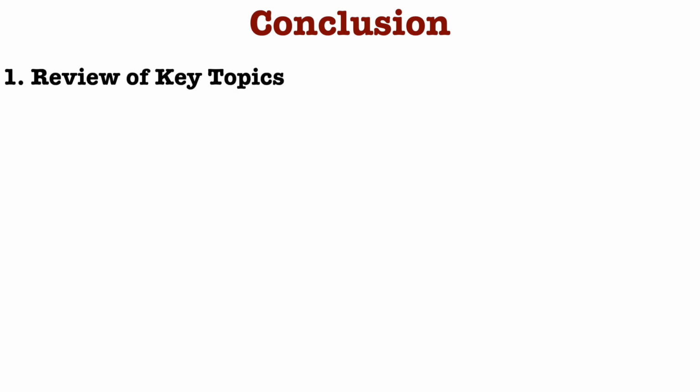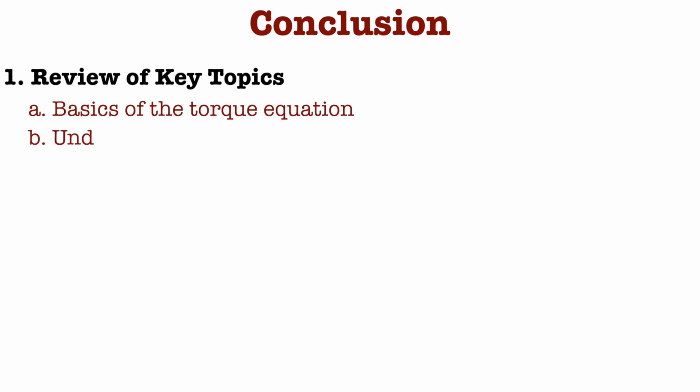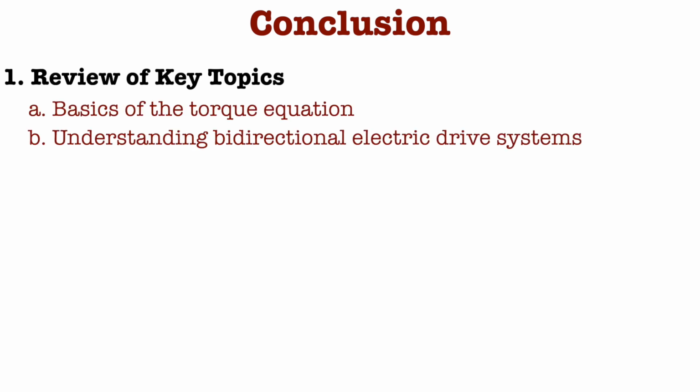As we conclude today's lecture on the 4-quadrant operation of the drives, let's briefly review what we have learned and consider the implications of this technology in both current and future applications. We began with the basics of torque equation, understanding the bidirectional electric drive systems.